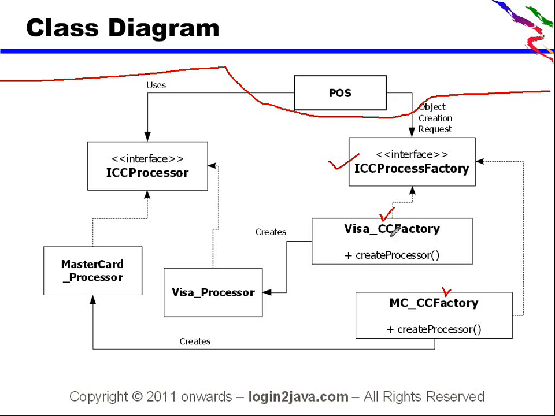So this particular factory then will be used to create the proper processor, either Visa processor or MasterCard processor. These two concrete processor classes implement interface credit card processor, which actually communicates with the credit card company to process the credit card.